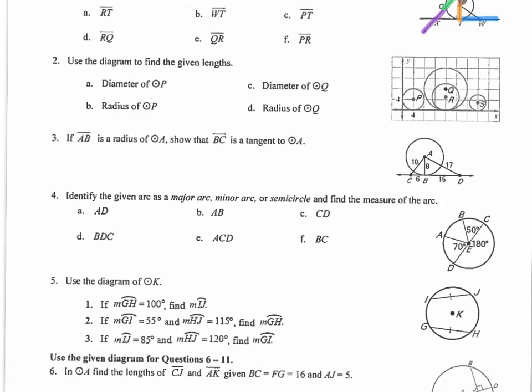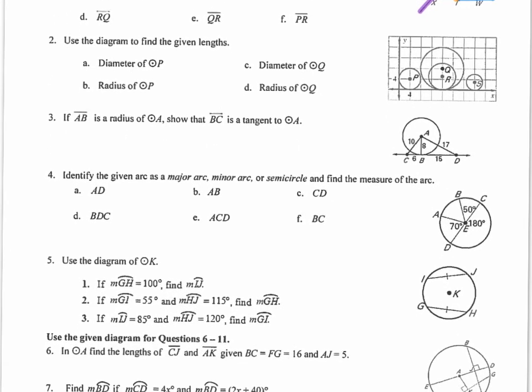So now let's look at number 3. I think number 3 is another one somebody would want me to go over. It says if AB is a radius, and show that BC is a tangent. So in order for this tangent, or this blue line to be a tangent, what has to be true? Well, it has to form a 90-degree angle.